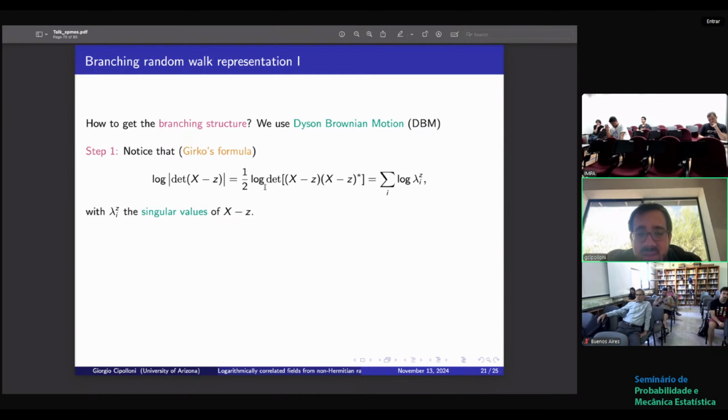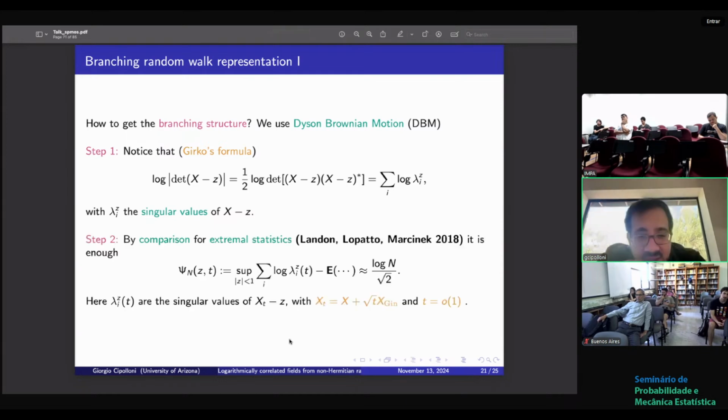So in particular, this log determinant of X minus z star can be written as the sum of the log of lambda_i(z), with lambda_i(z) being the singular values of X minus z. Okay, so this second step is about understanding the branch structure.